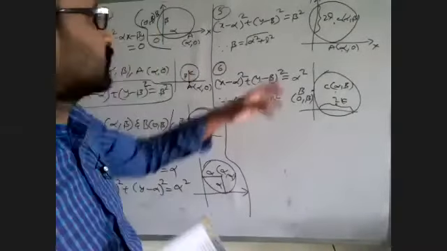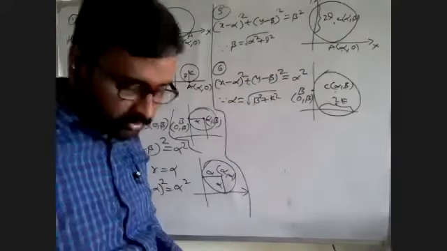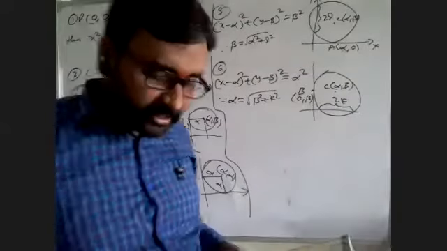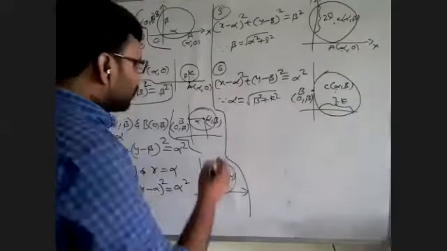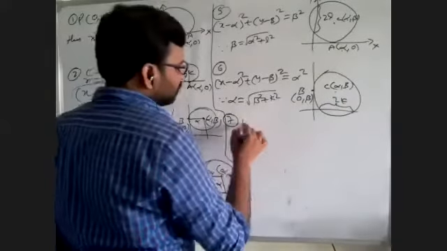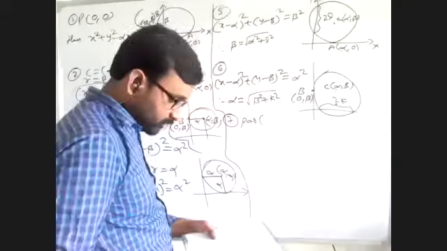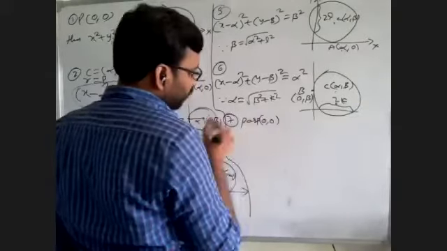This is the circle touching the x-axis making a y-intercept, and touching the y-axis making an x-intercept. And one more: when the circle passes through the origin, 0 comma 0, and the center lies on the x-axis. On the x-axis, y is always 0.